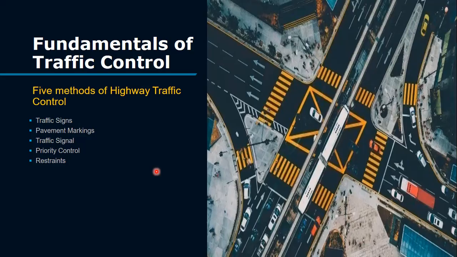Another one is the pavement markings. These pavement markings separate opposing streams of traffic and direct vehicles into proper position on the roadway. For example, pavement markings delineate turn lanes at intersections and establish no passing zones.